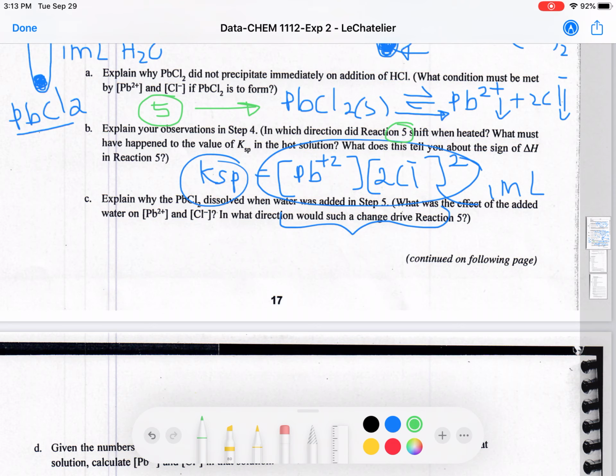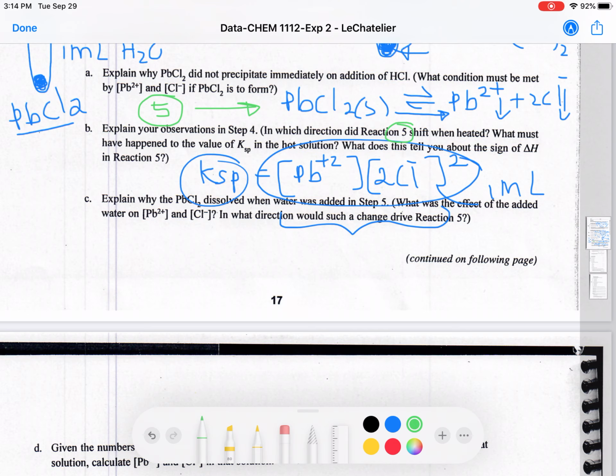What must have happened to the value of Ksp in the hot solution? So the solubility increases. The solubility had increased when you heat it up. So that's why it became soluble.